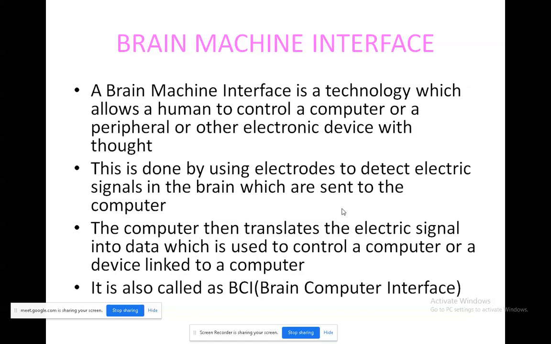So this is the machine which is going to interface the brain with some other device. This interface device is going to collect the information from your brain, and based on that information you will be operating the other device.